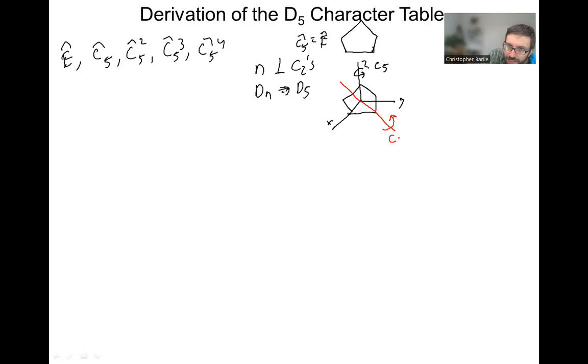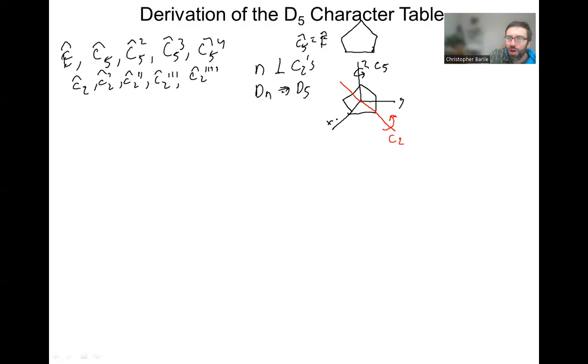That is a C2. I'll flip the pentagon like that. It's going to take this point, go to there, this point, go to there, and it's not going to change this point or the central atom if we're talking about a molecule with a central atom. So we can call those C2, C2 prime, C2 double prime, C2 triple prime, and C2 quadruple prime.